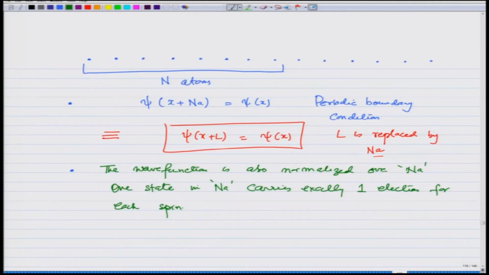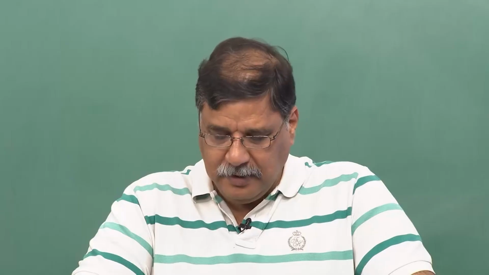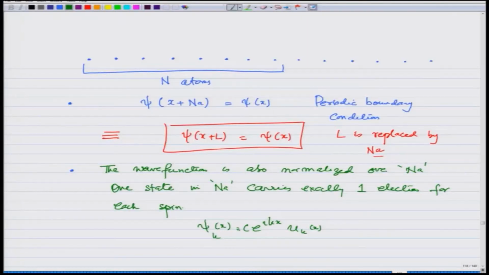Now, to normalize it over N a, I can decide to normalize u; the wave function psi(x), recall, is e raised to i k x times u_k(x). I can decide to normalize u over the entire N a or over a cell, and that will just change my normalization coefficient, but that is immaterial right now. So, the 2 points I am making are: 1, periodic boundary condition over N a, and 2, wave function normalized over N a.